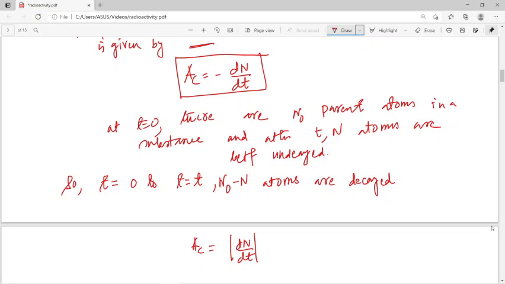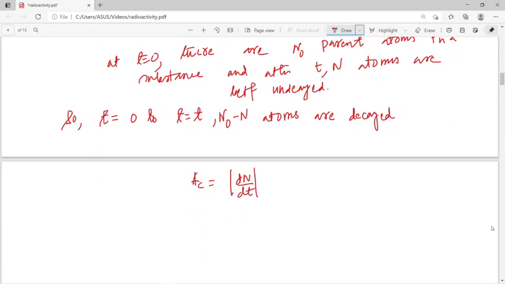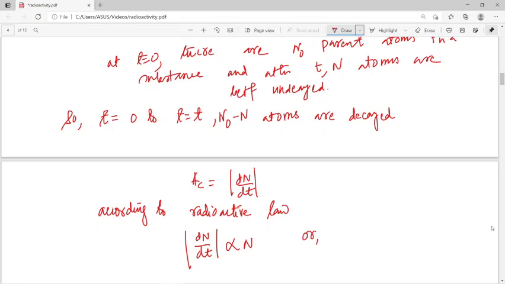According to the radioactive law, dN with respect to dt varies with N. This activity, dN with respect to dt, can be written as lambda N, where lambda is a proportionality constant called the decay constant for the decay process.